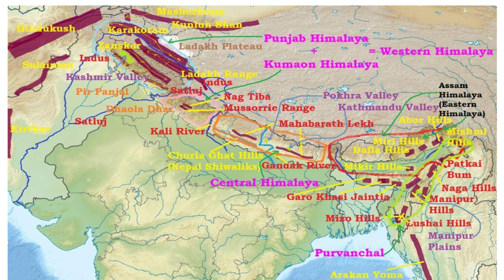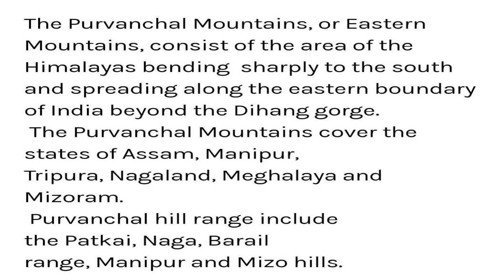The Brahmaputra marks the easternmost boundary of the Himalayas. Beyond the Dihang Gorge, the Himalayas bend sharply to the south and spread along the eastern boundary of India. Here they are known as the Purvachal or eastern hills.